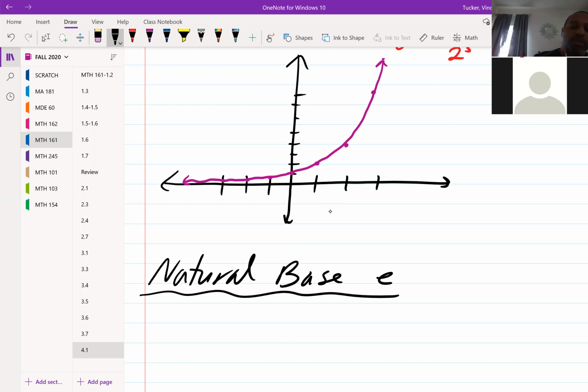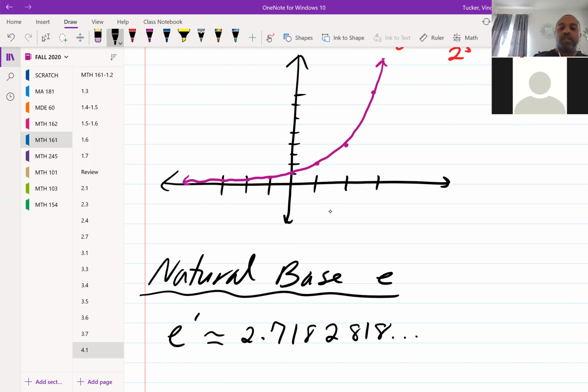All right, I'll just do this. e to the first power. So here we have our natural base e. You see e in your calculator. If you have a scientific calculator, you should see e somewhere. Sometimes it's connected to the natural log button, and we'll talk about that in a section or two.